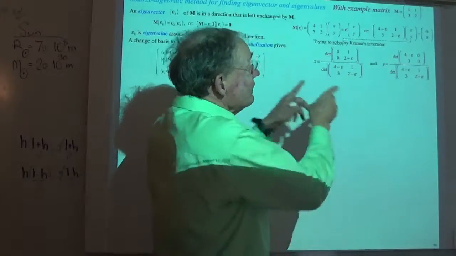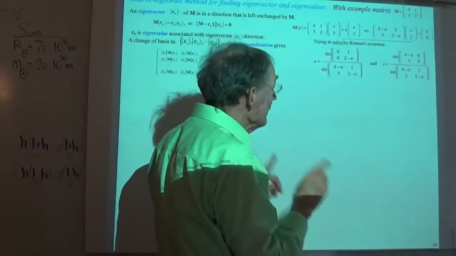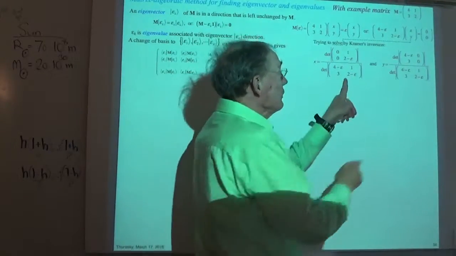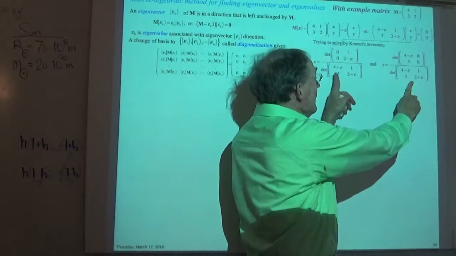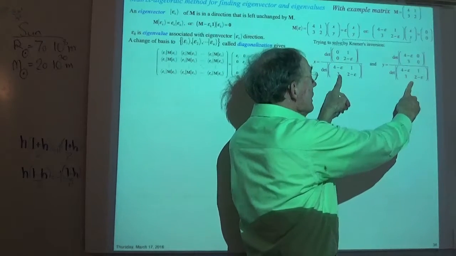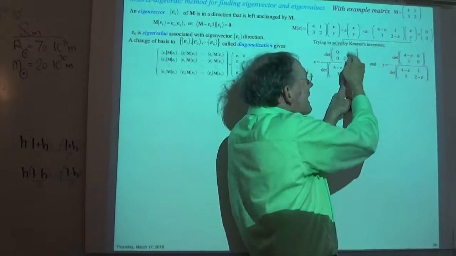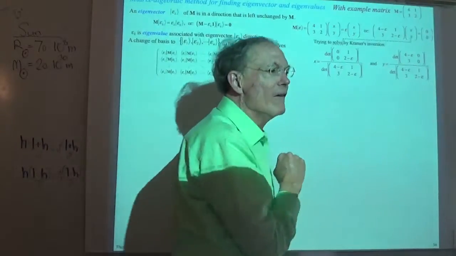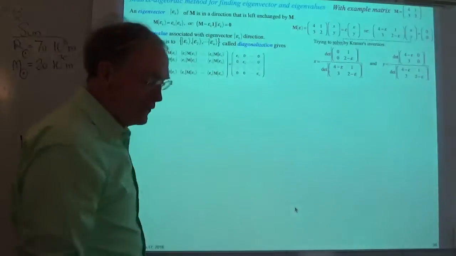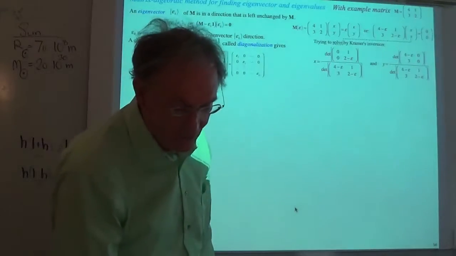Well, this still might work if this is 0 as well. If the determinant of this thing right here, because there's epsilons in it, is 0, then it somehow might cancel this 0 and give you a number that you get paid for. That's the deal. That's what the secular equation is.